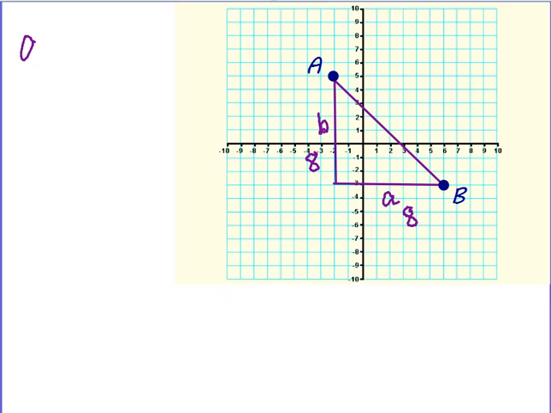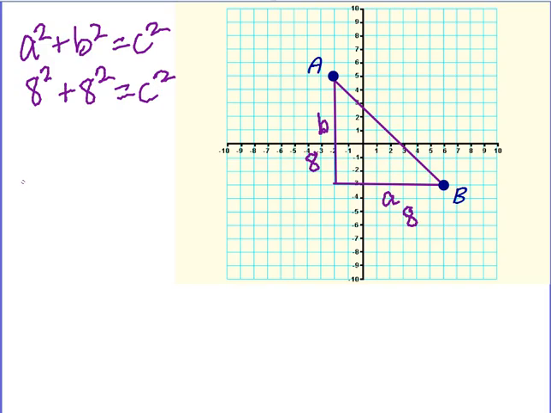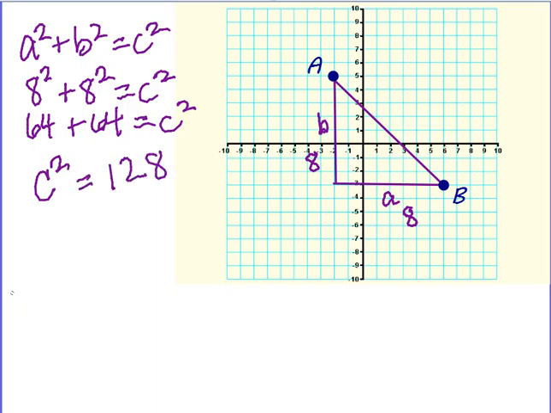So in my Pythagorean theorem, A squared plus B squared equals C squared, I'm going to put in 8 squared plus 8 squared equals C squared. That's going to give me 64 and 64. That's going to leave me with C squared equals 128. And how do I get from C squared to C? Square root.